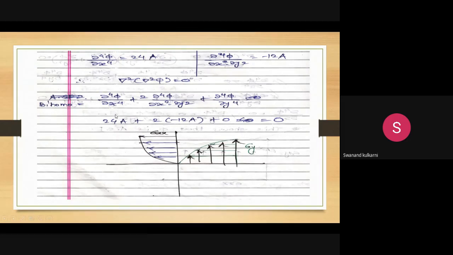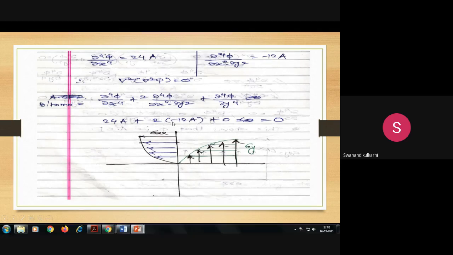Let us substitute ∂⁴φ/∂x⁴ equal to 24a, and ∂⁴φ/∂x²∂y² as minus 12a, which has been identified here, and then ∂⁴φ/∂y⁴ is equal to 0.